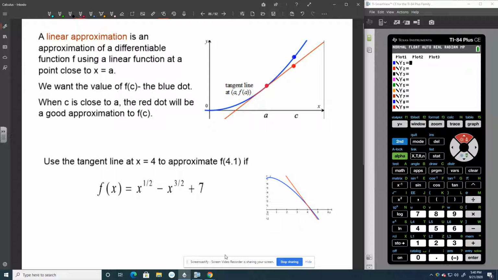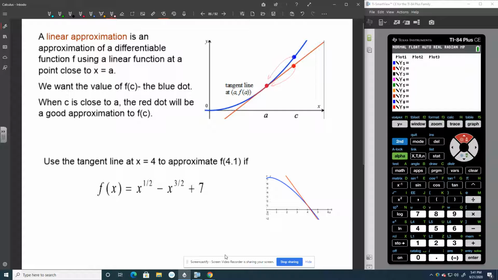So what if it's really hard to find the value on the original function? Well, as I get closer and closer to this point on both graphs, as I get closer to this value on my original function, my tangent line function gets closer to that same value.